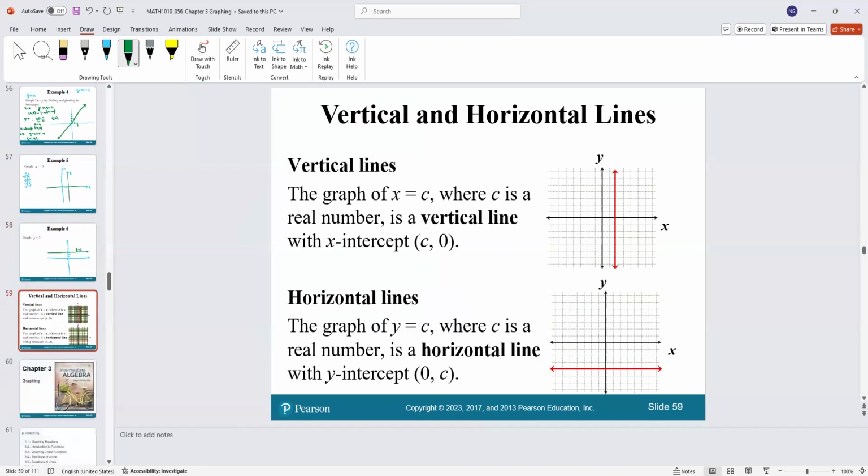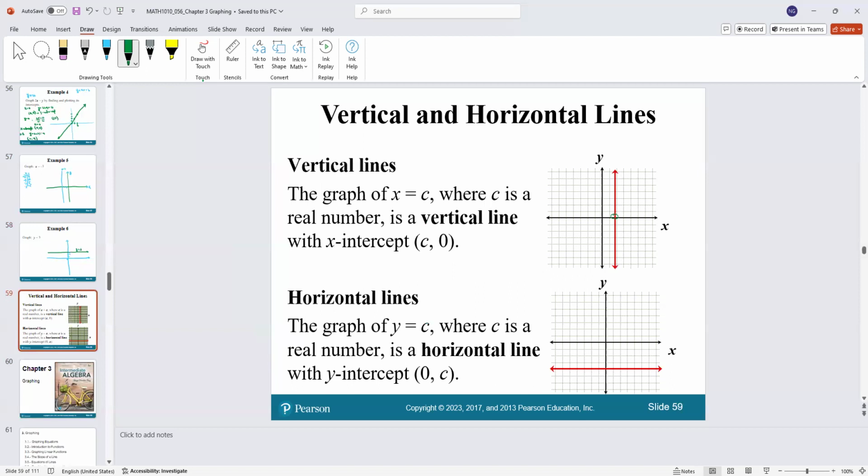All right. To finish this section, we can summarize the vertical and horizontal lines. Vertical lines: the graph of x equals c, where c is a real number, is a vertical line with x-intercept (c, 0). So you always have a vertical line when x equals a number. When we say c, c is just a number.